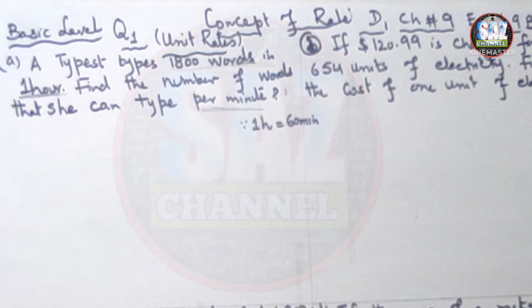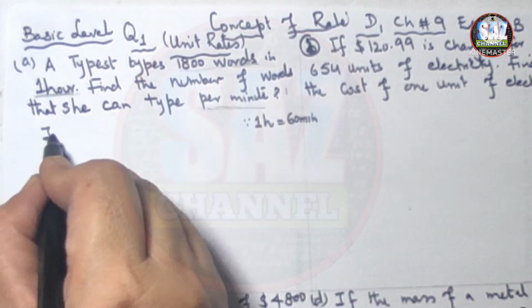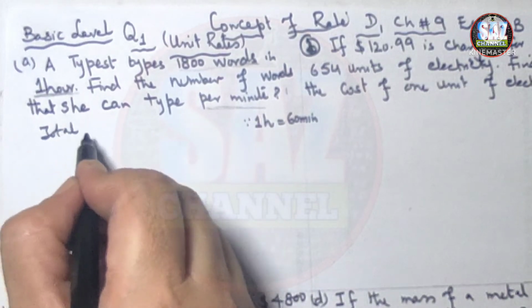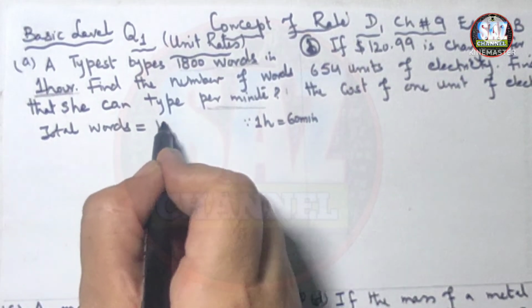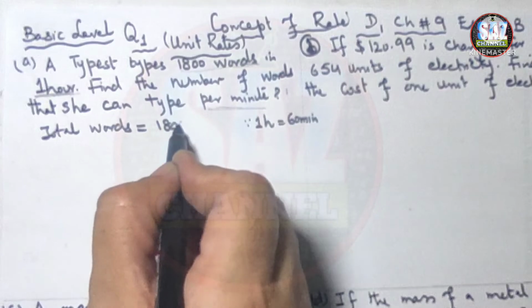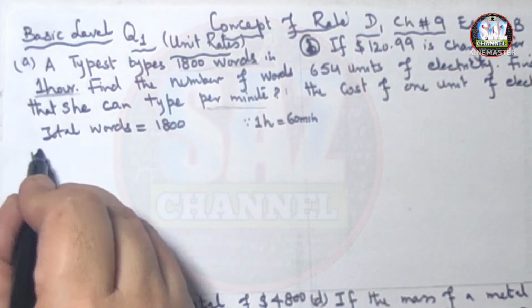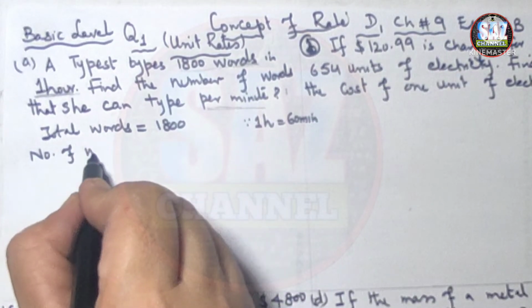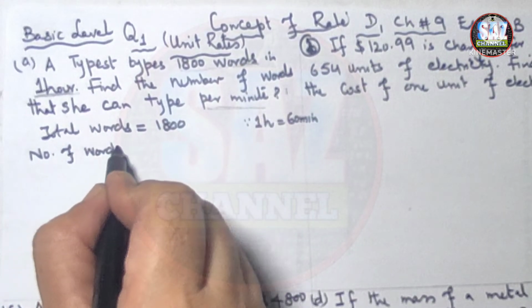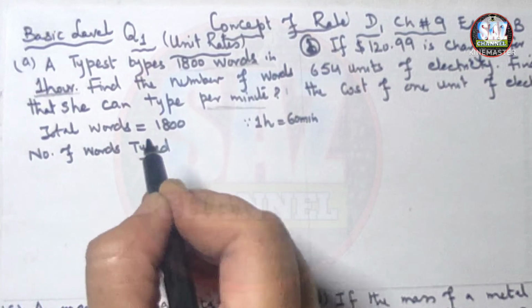Total words are 1800. Number of words typed in 1 hour are 1800.